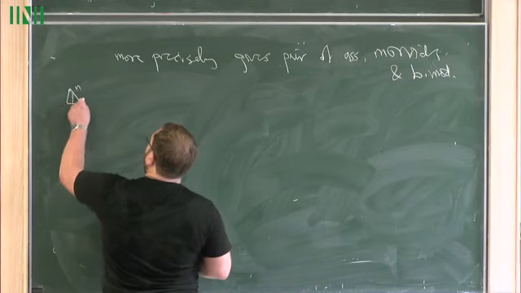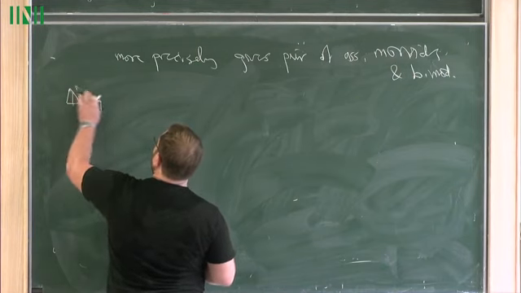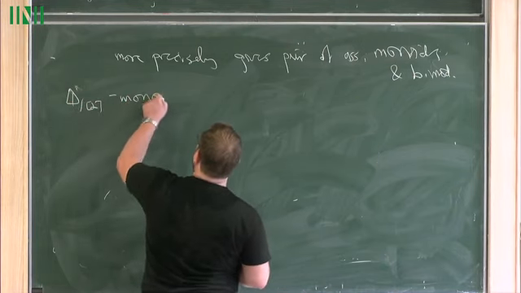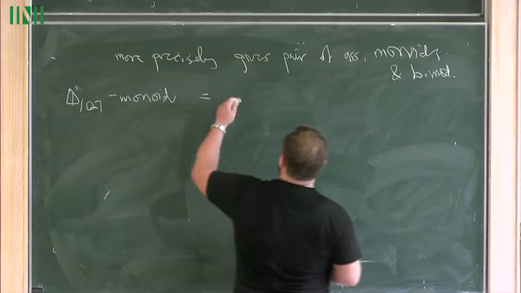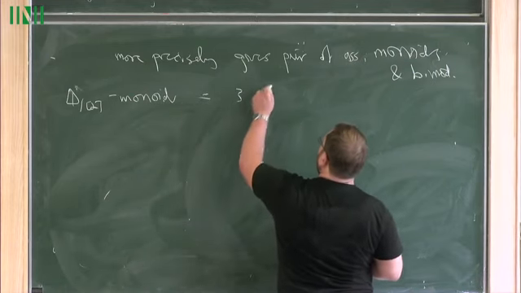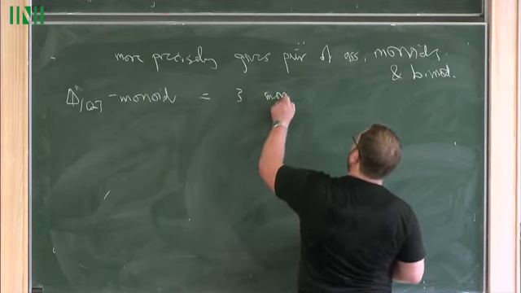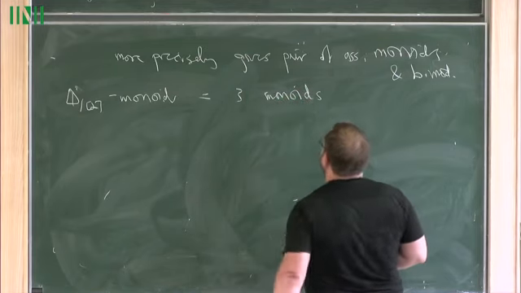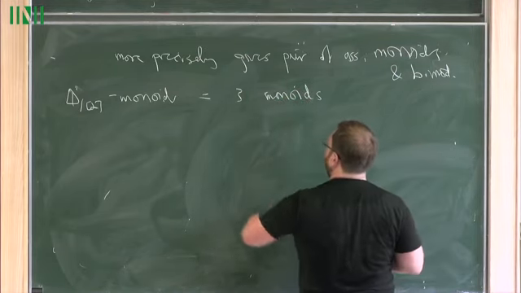Then a delta over 2 monoid gives you three algebras, three monoids, and three bimodules between them.